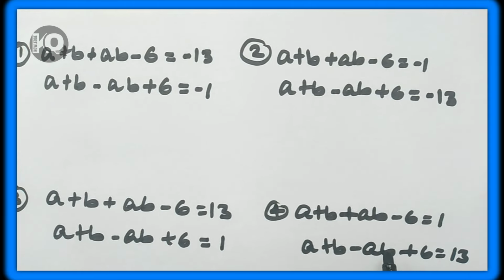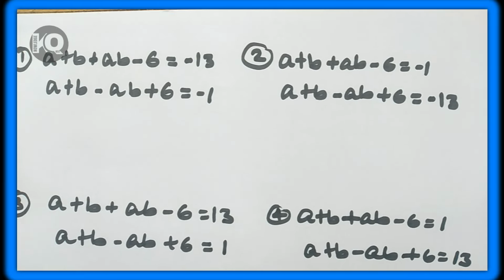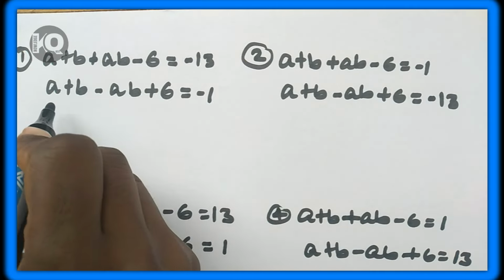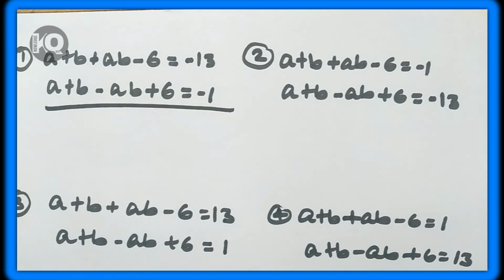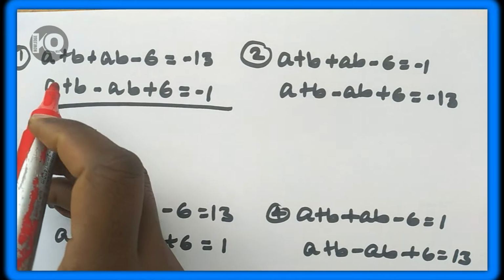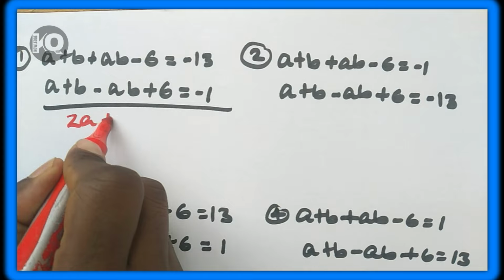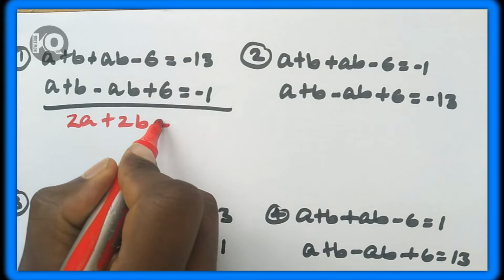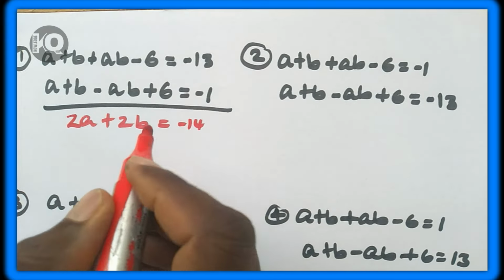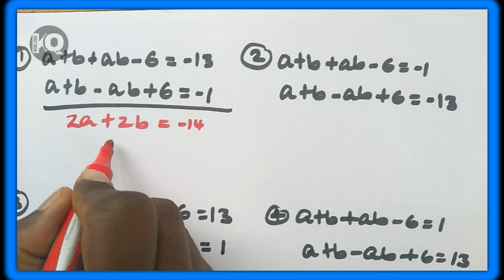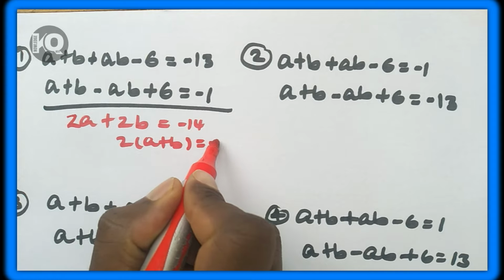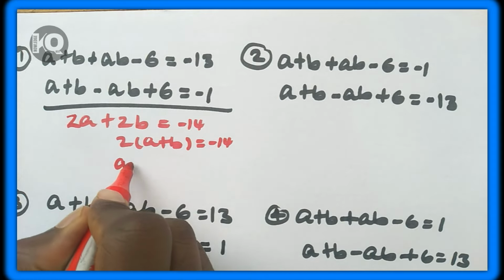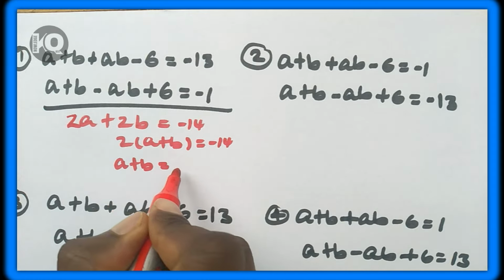So let's see each one by one. When we consider this one, we do have 2a plus 2b, which is equal to minus 14. So from here, 2 into a plus b is equal to minus 14, so a plus b is equal to minus 7.